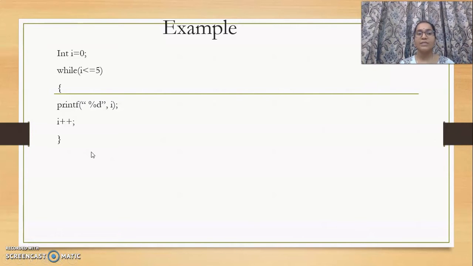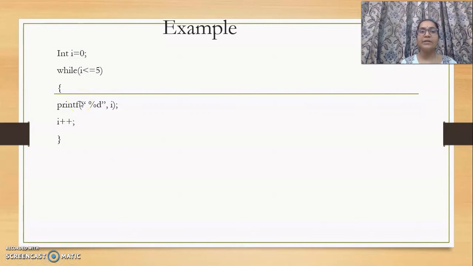Here, as we are saying that it is an entry control loop, we are specifying the condition before the body of the loop. The condition is above and below it is the body of the loop. So even in the beginning, if we initialize I equals to 6, 6 is not less than or equal to 5, so the body of the loop will not be executed in any case.